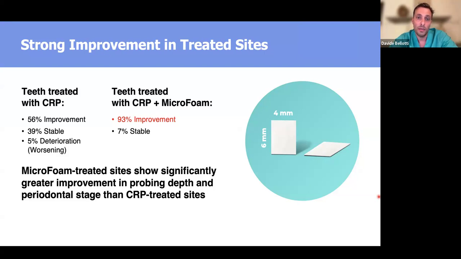In the group treated with closed-root planing and MicroFoam, we had 93% of sites improved, and 7% of the sites just stayed the same. So MicroFoam treated sites show significantly greater improvement in probing depth and periodontal stage than CRP only treated sites.